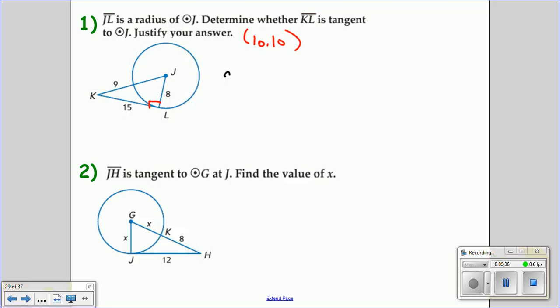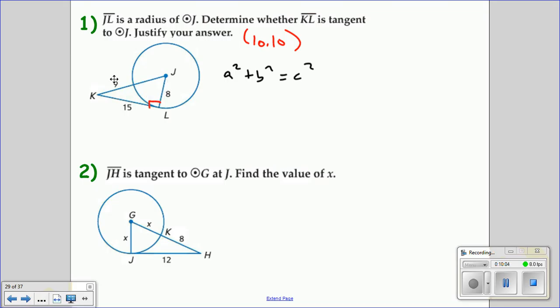So first, in proving it's a right triangle, we have to use the Pythagorean theorem, a squared plus b squared equals c squared. So c is supposed to be the largest number, right? And c is supposed to be across from the right angle. Well, the right angle is supposed to be where the radius and the tangent meet.